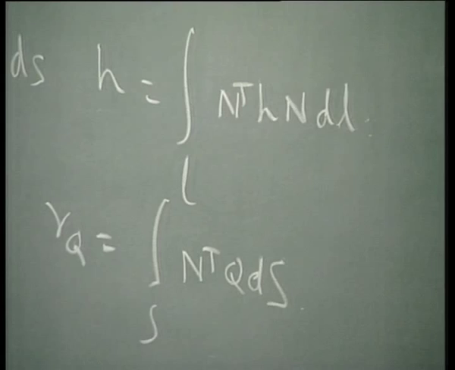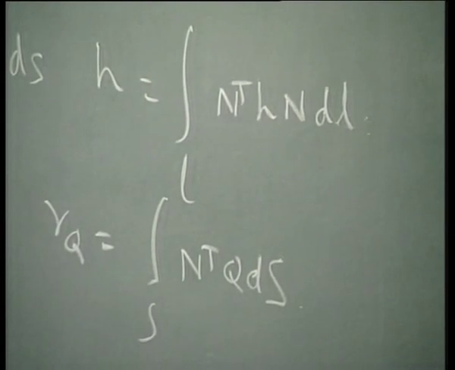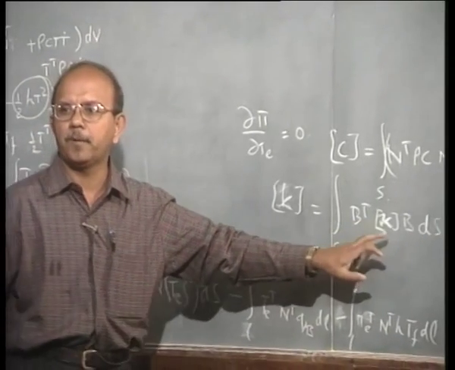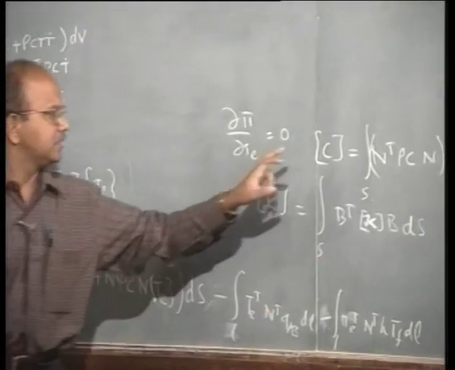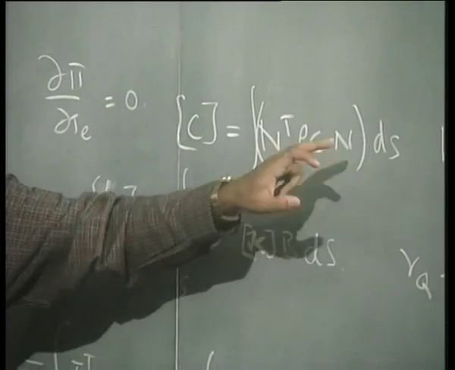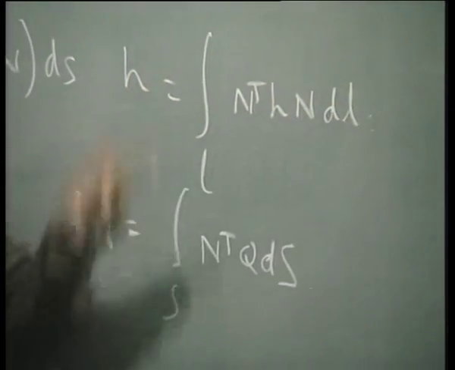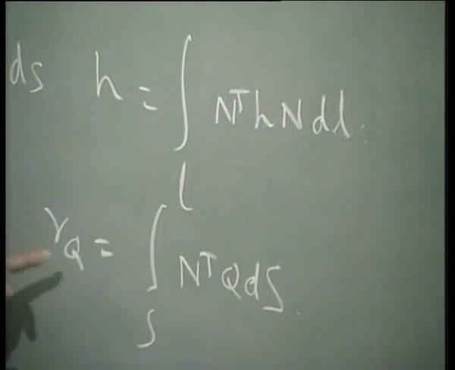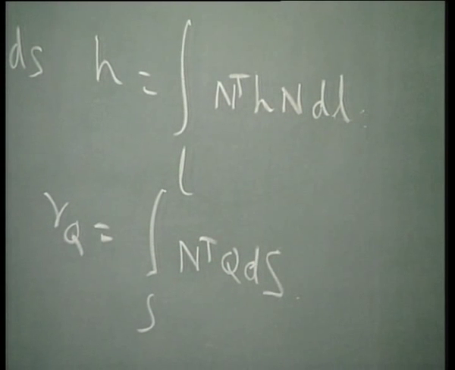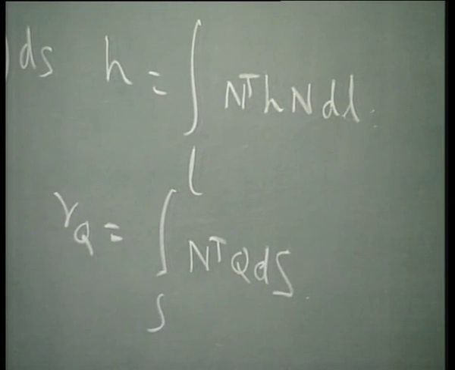Let me review this. K is equal to B transpose kappa B ds. C is equal to N transpose rho C N ds. H is equal to N transpose H N dl. RQ is equal to N transpose Q ds. I have to consume so many things. Yeah, this also is there.